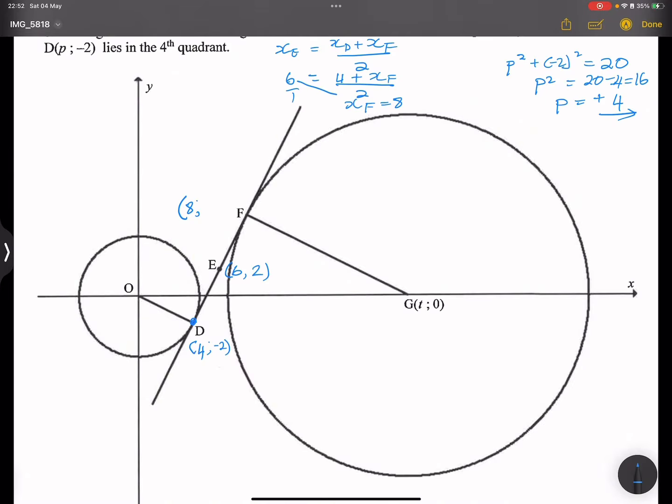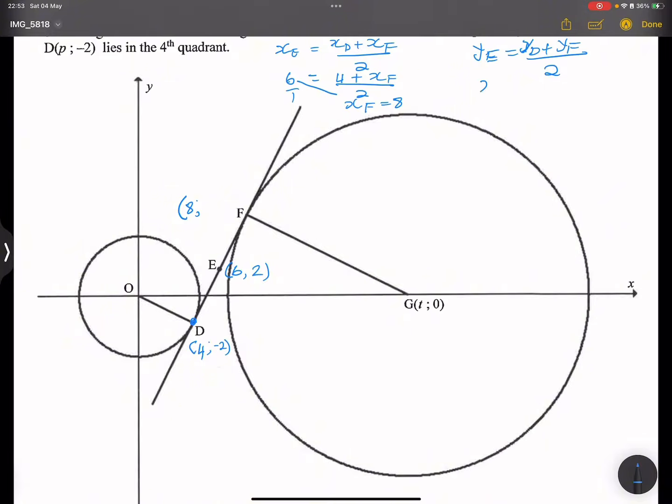And then we'll do the same in finding the y values. Please, if you don't mind, I'm just going to remove this. Okay, so for the y value, it's always easier for me to work on this diagram. So for the y value, we're going to say exactly the same thing: y value at E is the y value at D plus the y value at F, divided by 2. Y value at E, rather, sorry, y value at E was 2.